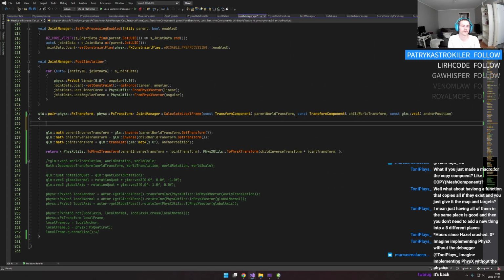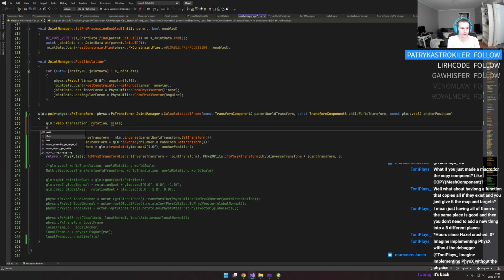Okay, let's do this. Translation, rotation, scale. Decompose the parent world transform into translation, rotation, and scale.